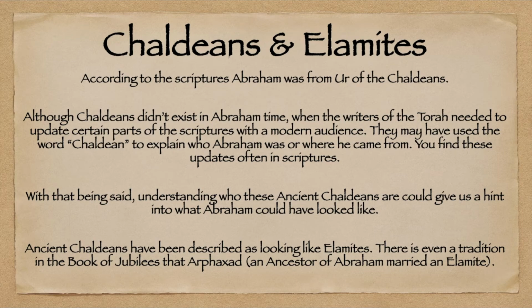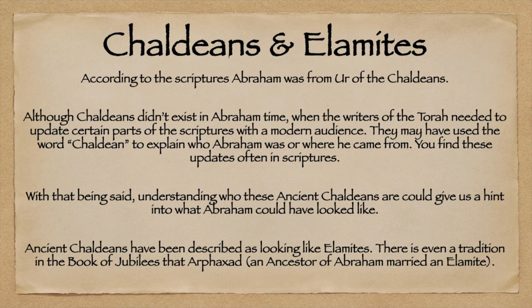Now, although Chaldeans didn't exist in Abraham's time, when the writers of the Torah needed to update certain parts of the scriptures for the modern audience, they typically did that a lot. They may have used the word Chaldean to explain who Abraham was or where Abraham came from. You find these updates often in scripture.